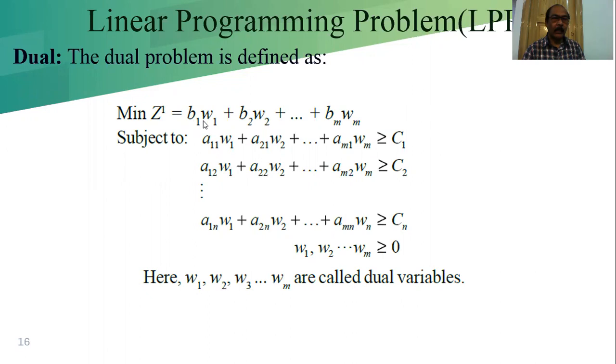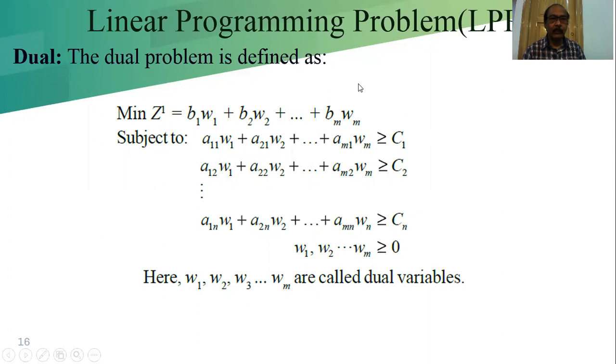Min Z1 equal to B1 W1 plus B2 W2 plus Bm Wm. That means there are m variables in the dual, because we have m constraints. A11 W1 plus A21 W2 plus AM1 Wm greater than equal to C1, because this is a minimization problem. That means from the primal we have to consider column wise.